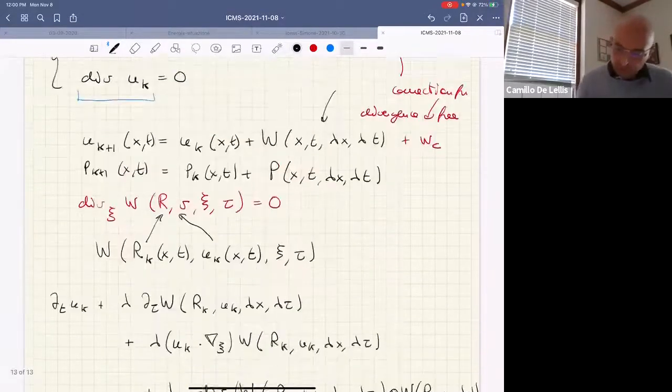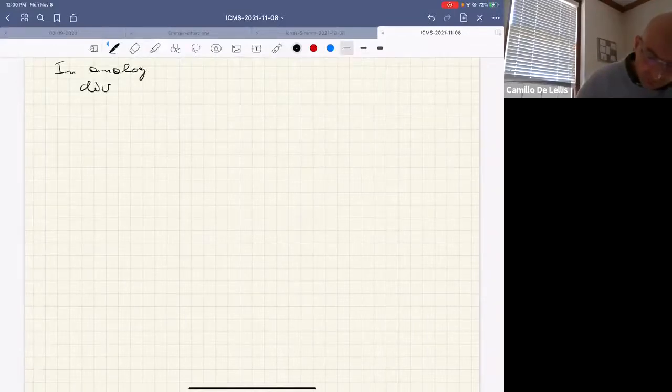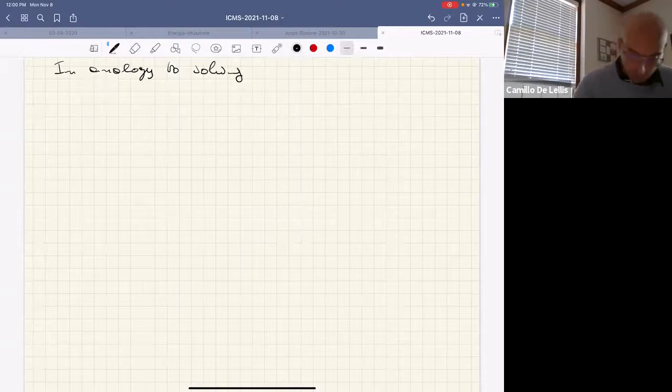Okay, so in analogy with solving divergence of a vector field equal to a function: if I want to solve the divergence of a vector field equal to a function, what I do is I solve for the Laplace equation.